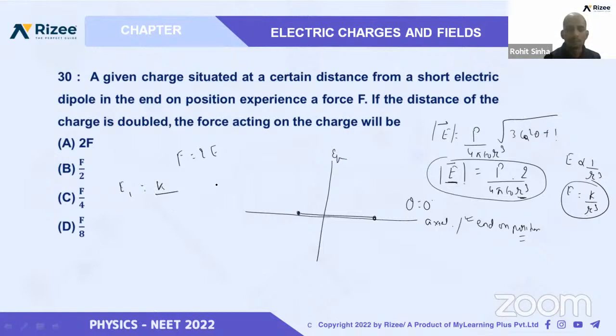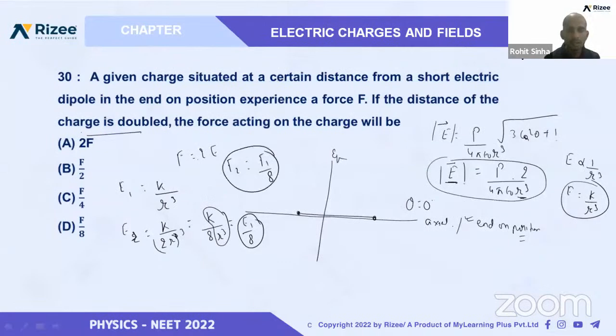Now, for the second electric field, the distance is doubled. That means K by 2R whole cube, which is K by 8R cube. That means it is E1 by 8. So force is QE, and the force will also be 1 by 8 of the original. Okay. Good.